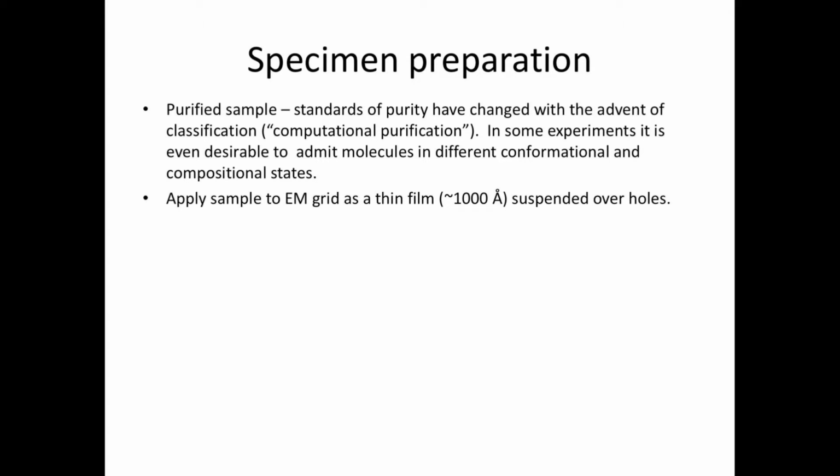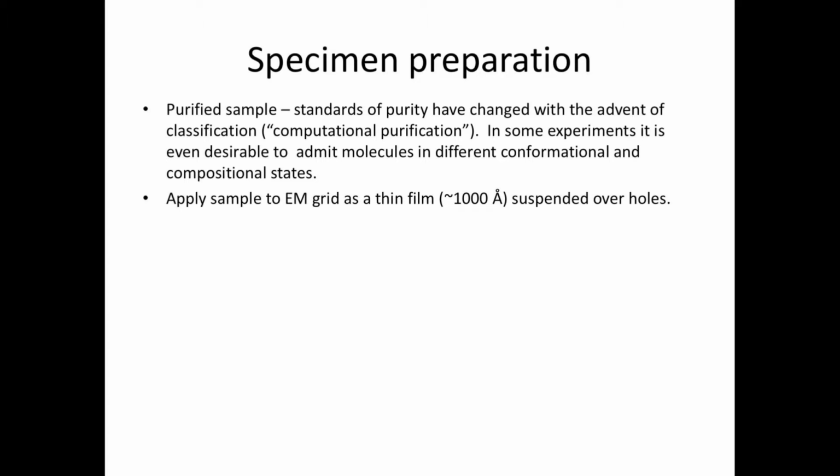So then the sample is applied to the EM grid. It's a thin film, suspended over holes. The maximum thickness for electrons with 300 kV is something like 1/4 of a micron, which is 2,500 angstroms.